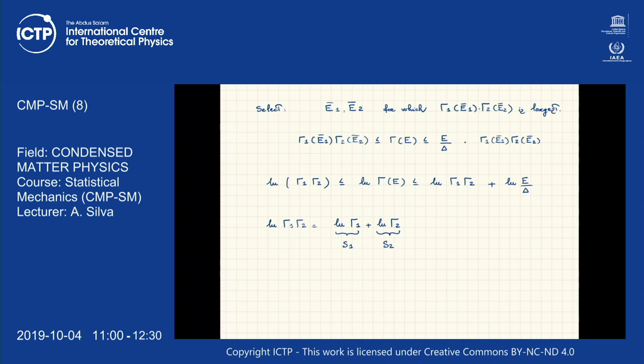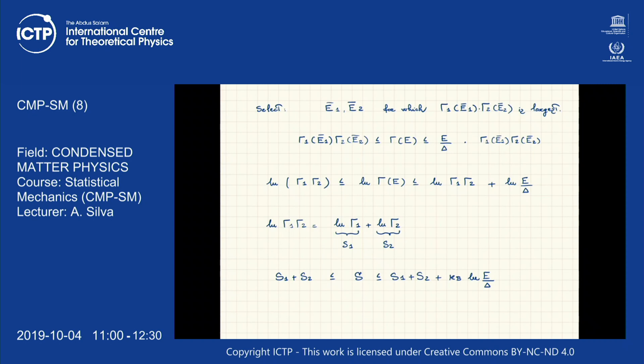Therefore, what we have is that entropy 1 plus entropy 2 is smaller or equal than the entropy of the total system, smaller or equal than S1 plus S2 plus K Boltzmann log of E over delta.